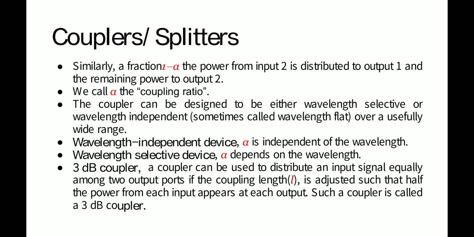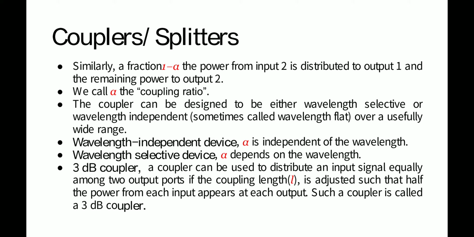So if we have a coupler which is wavelength selective, it will select the desired wavelength signal. In a wavelength independent device alpha is independent of the wavelength, and in a wavelength selective device alpha depends on the wavelength.